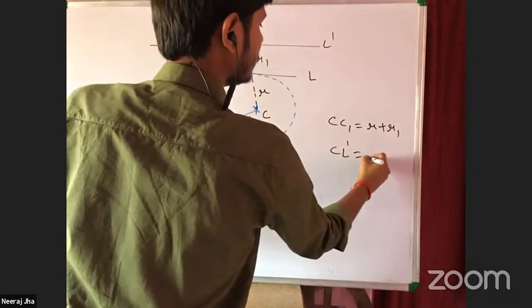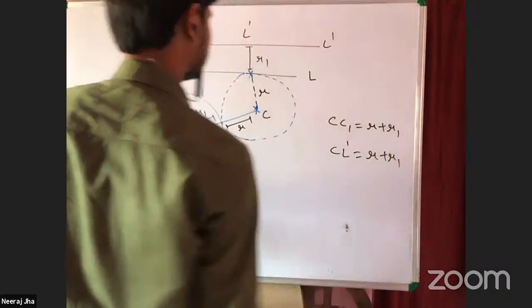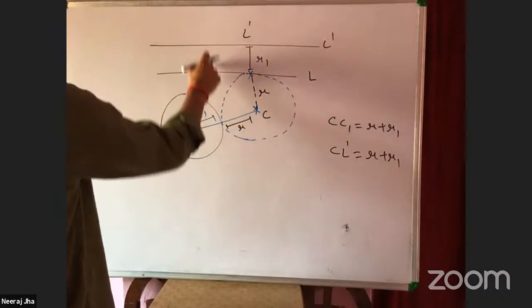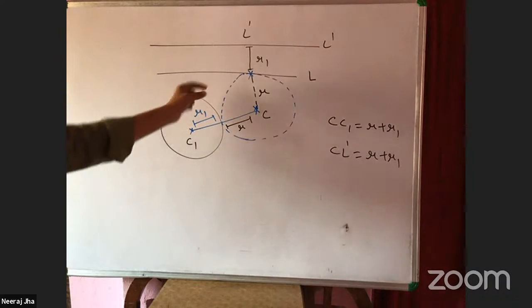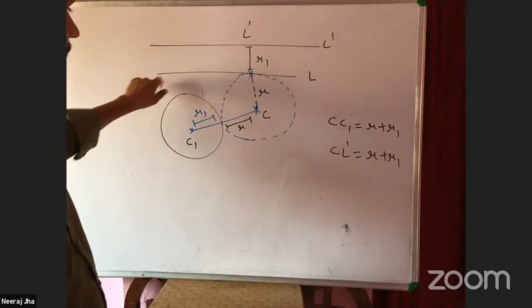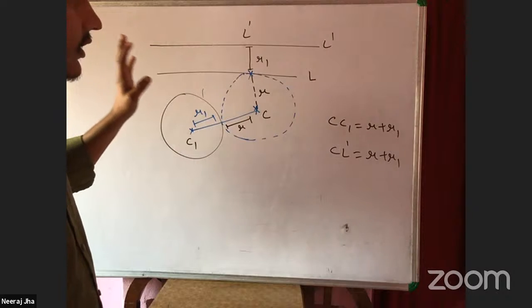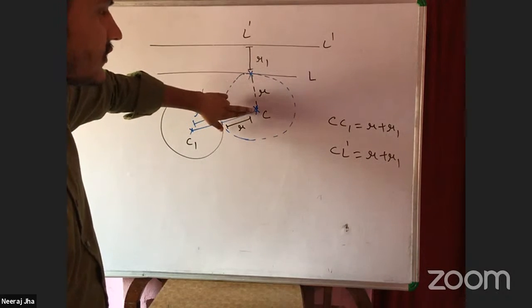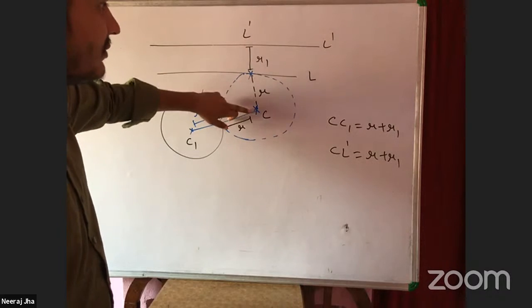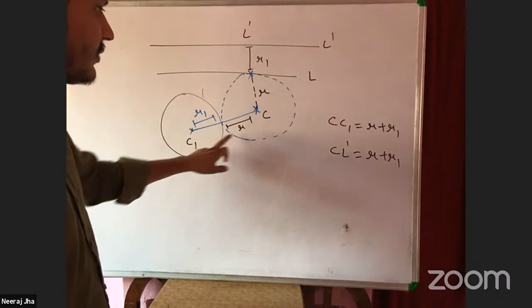C L dash is equal to R plus R1 always. Even if the circle is here, this distance R1 and this distance R give R plus R1. Anywhere we take a circle, this distance will be R1. So the distance of the center C from this line L dash will always be R plus R1.